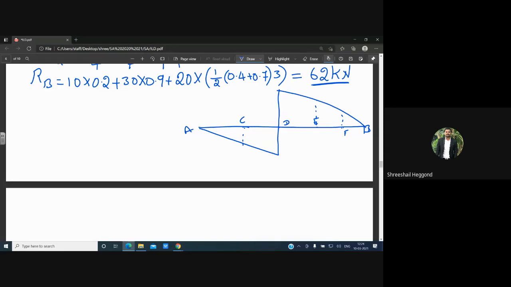The shear force diagram at D point. Shear force at D point. All dimensions are given, that is 2 meter, 2 meter, 3 meter, 2 meter, and 1 meter.